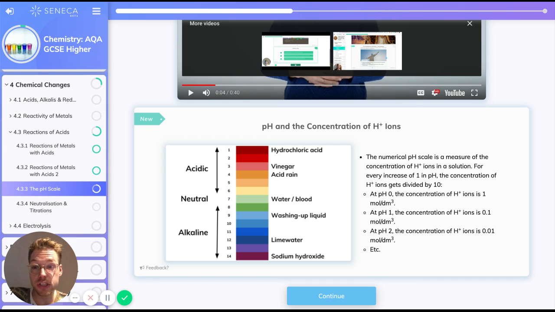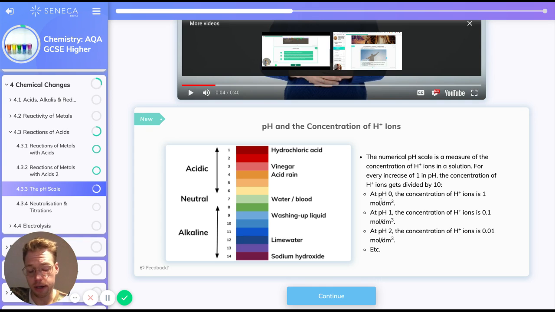So at a pH of 0, the concentration of H plus ions is 1 mole per decimeter cubed. So that's going to be really, really acidic. And then as we go to a pH of 1, the concentration of H plus ions is 0.1 mole per decimeter cubed. So every time the concentration of H plus decreases by 10, the pH goes up by 1.